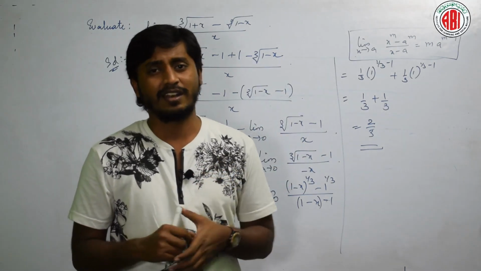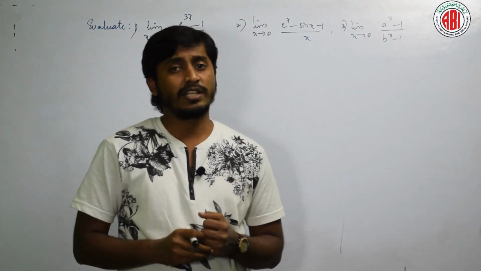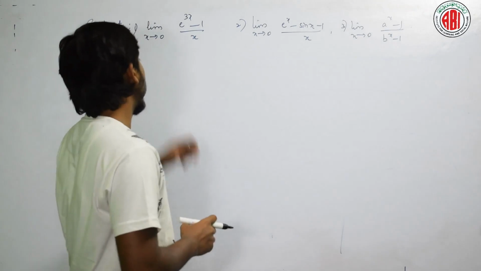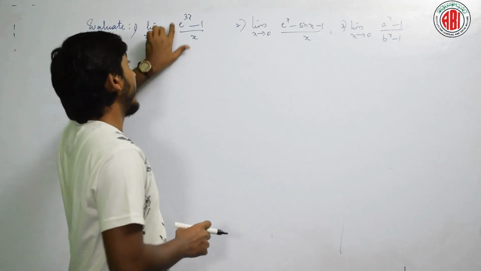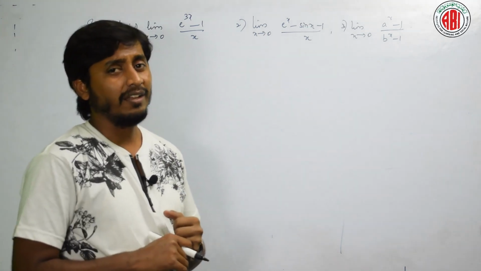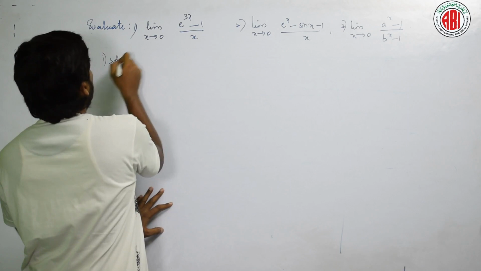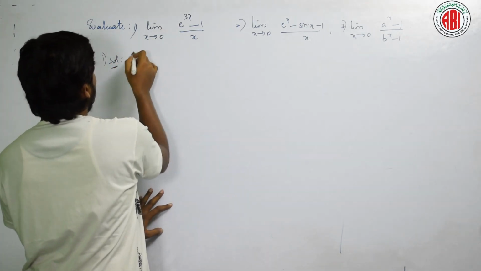What all formulas did we not use? We did not use exponential and logarithmic, right. Shall we start using them? Let us do. Look at these questions here. What is the question? Limit x tends to 0 of e power 3x minus 1 by x. Do I have any formula of this kind? Tell me. Do I have any formula based on this exponential?